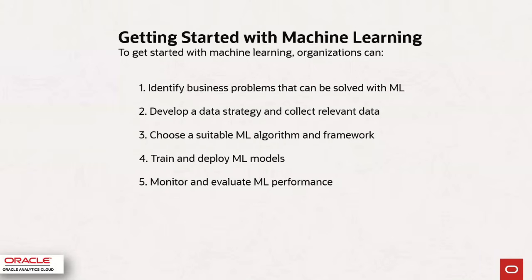Now, when you're starting a machine learning project, this is your standard order of operations. And really, without having a business case, there's not a lot of purpose in building a machine learning model. So you always want to start off with: what is the business problem? What are you trying to solve?